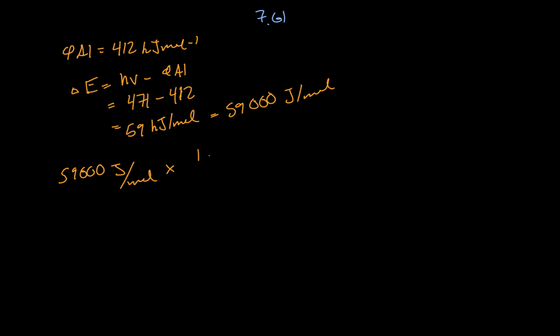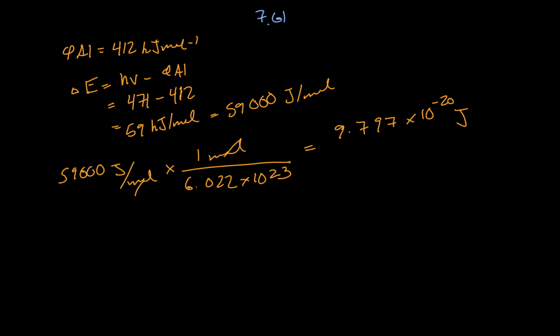We can do it like this: 1 mole per 6.022 times 10 to the 23. Cancel your moles. All right, and this gives us a value of 9.797 times 10 to the negative 20 joules, and this is per electron that's emitted at this point, right? So that's our energy value.